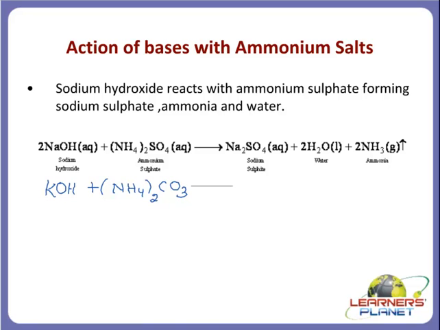I will get potassium carbonate, K2CO3, plus H2O, the liquid, plus ammonia, that is NH3. So on reaction with ammonium carbonate, we get the respective salt, and water and ammonia are given out.